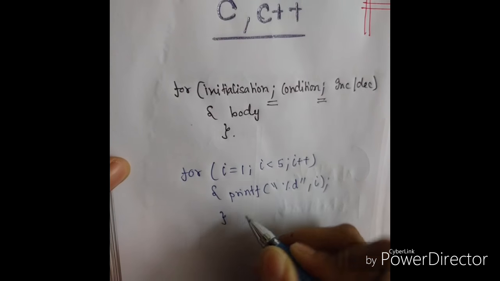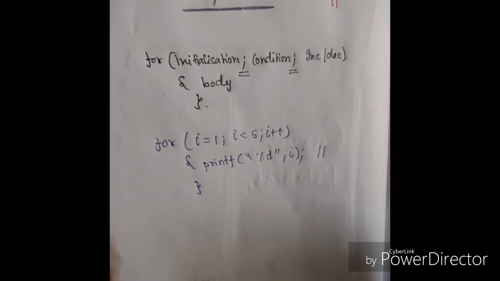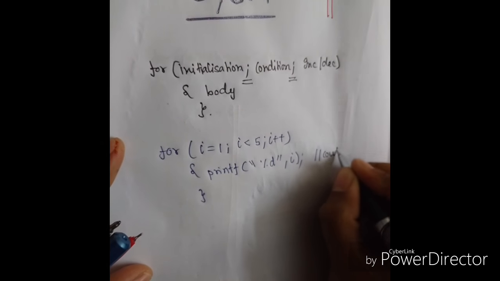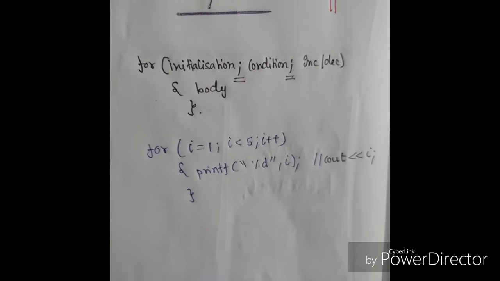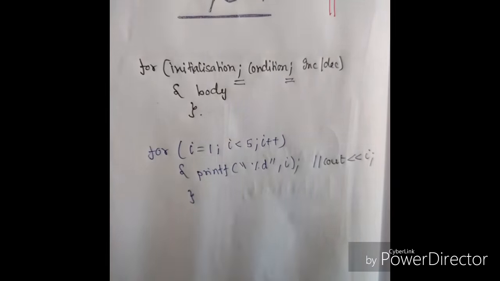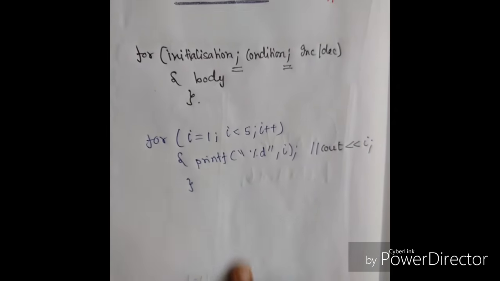If I have to print this in C++, I can use cout, that is cout i. This is just a small snippet of my program. Now let's see how this for loop works.